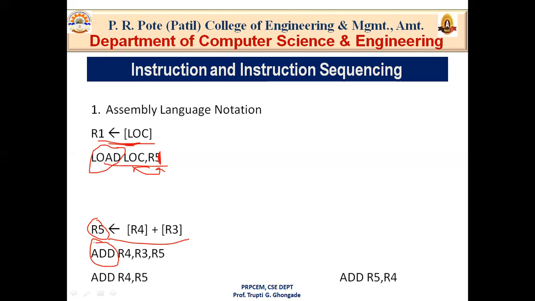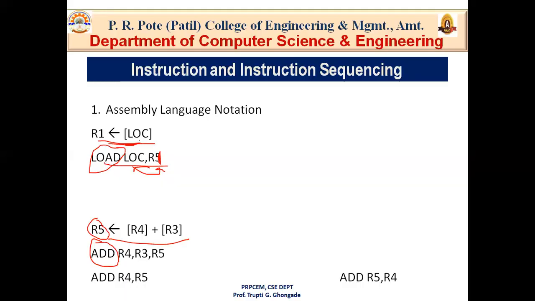So basically, the operations we are performing are given in a decoded format, which is called the opcode or operation code, and these are the operands, that is, LOC, R4 and R3.